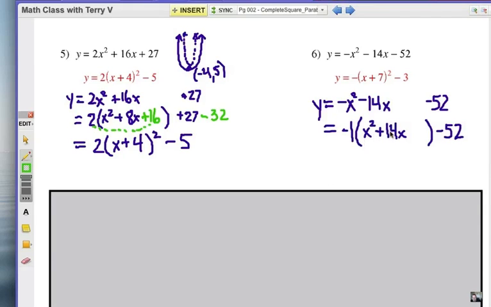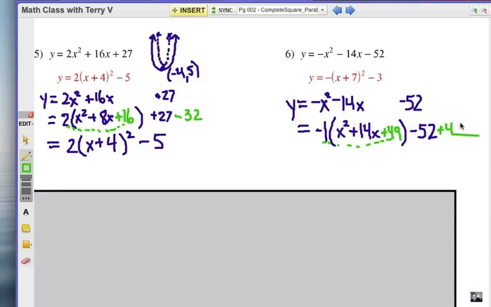Complete the square here, so half of 14 is 7, and then I square it to make 49. Now remember, I didn't just add 49, it's actually -49 because of the -1 factor on the outside. Now if I add -49 on this side of the equation, I have to add 49 on the same side. Sorry, it got scooted over there a little bit.